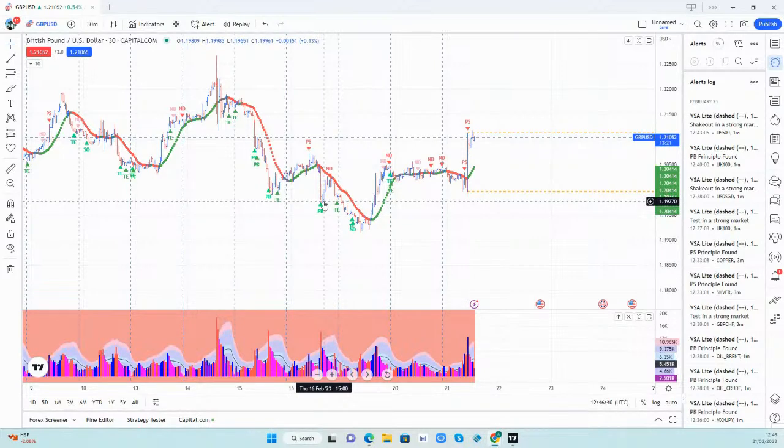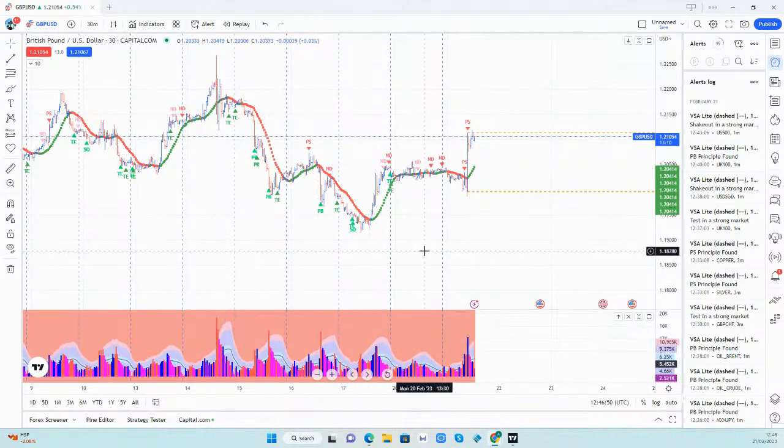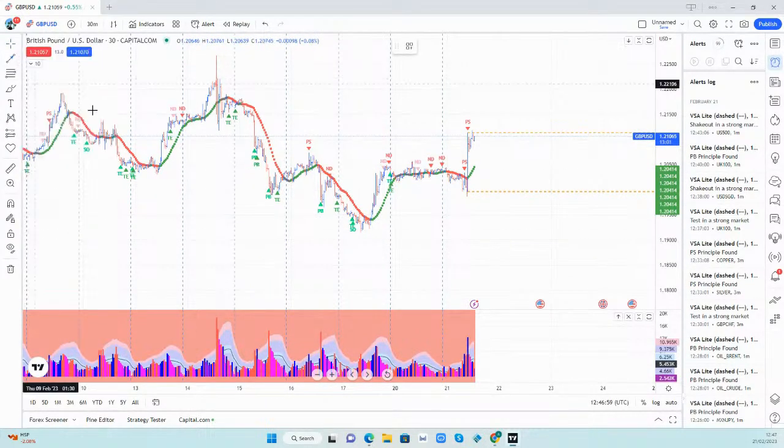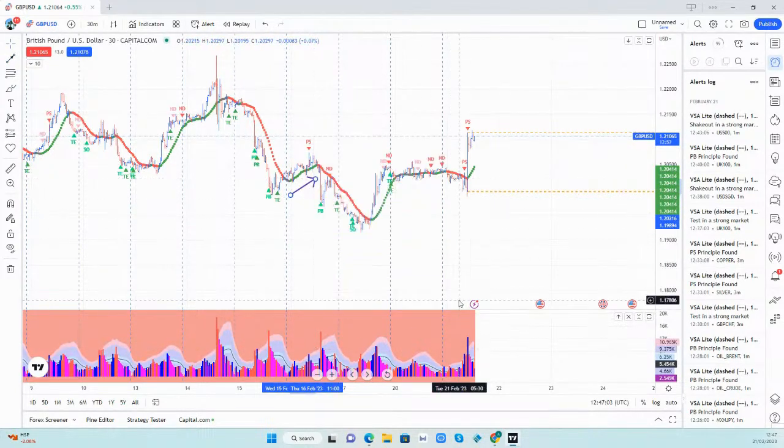This is a sign of weakness. So you can see the majority of the strength principles are not getting confirmed, and that is a good telltale sign that this market is probably going to drop. The other thing I noticed is as they try to push the market up, you don't get much volume there.